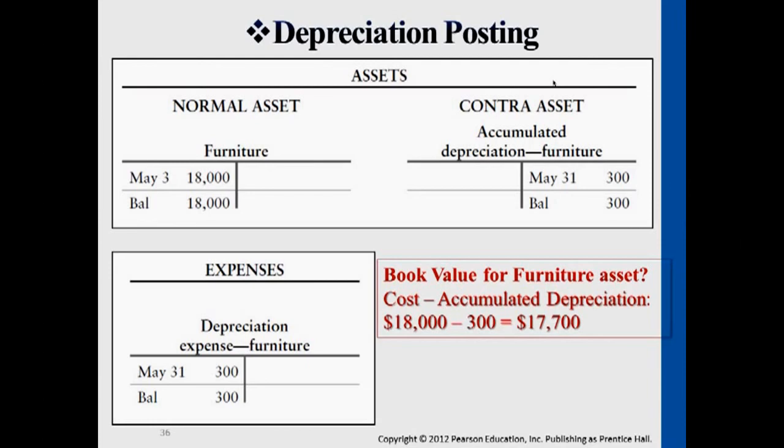When it reaches the following month, after June, this will be $17,400. After July, $17,100. Following month, $16,800. So we will continuously reduce by $300.